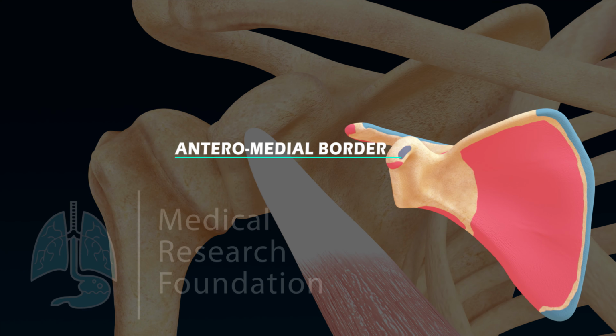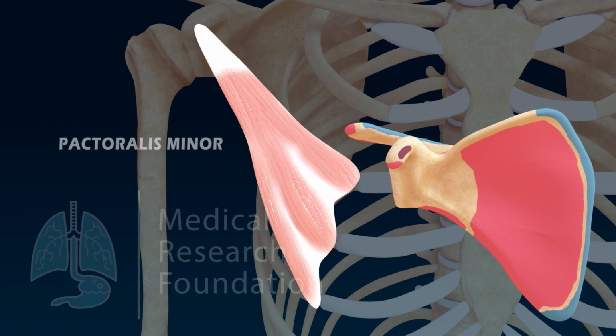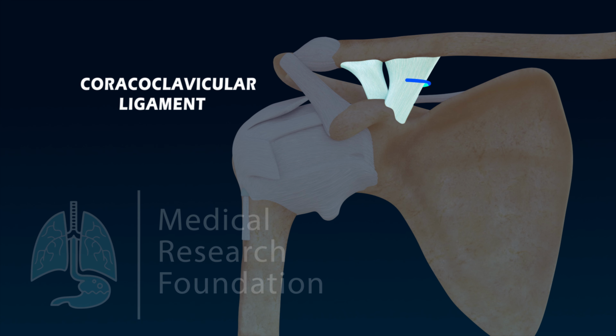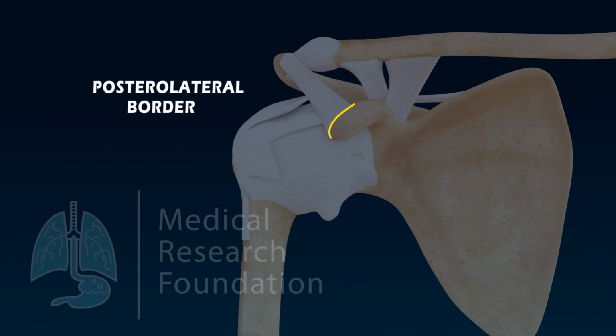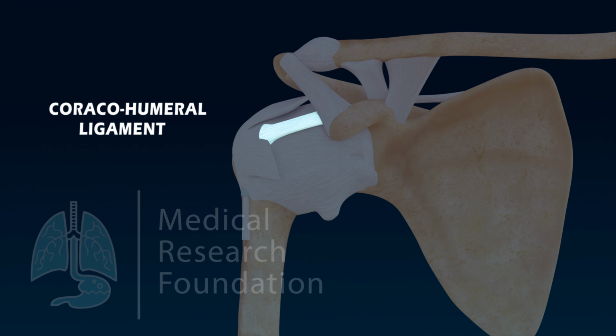Anteromedial border gives attachment to pectoralis minor and trapezoid and conoid parts of the coracoclavicular ligament. Posterolateral border gives attachment to coracoacromial and coracohumeral ligament.